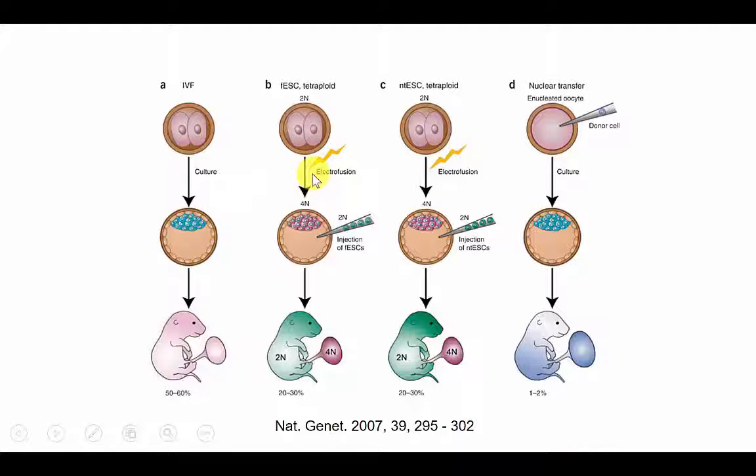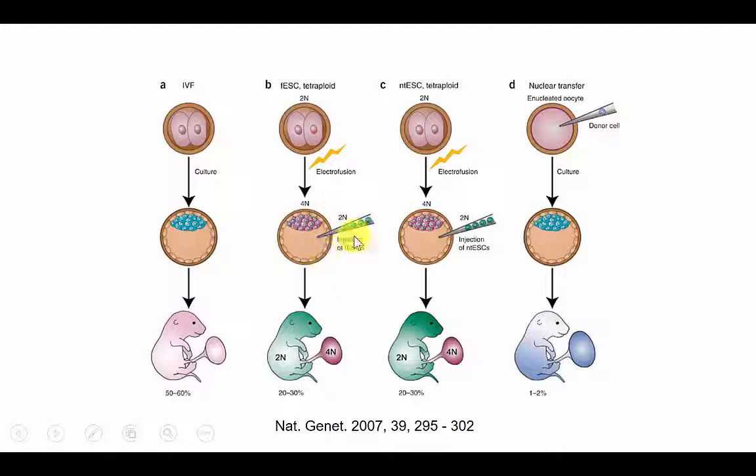In an early stage of embryo development, if you give an electric shock, the cells cannot divide properly. Originally, all the cells should have 2 copies of DNA, 2N stage, but in this case they become 4N stage. If the embryo becomes 4N, the inner cell mass cannot develop properly and dies out. Only the trophoblast can survive.